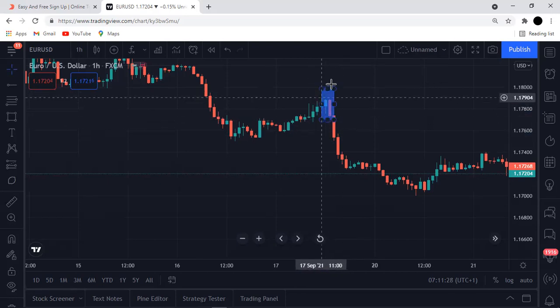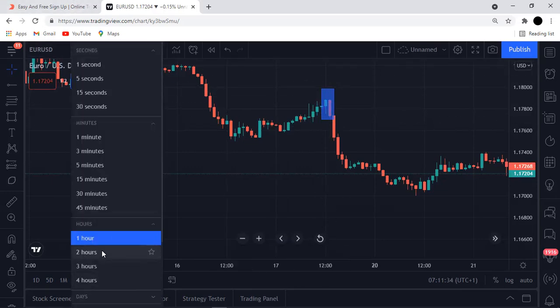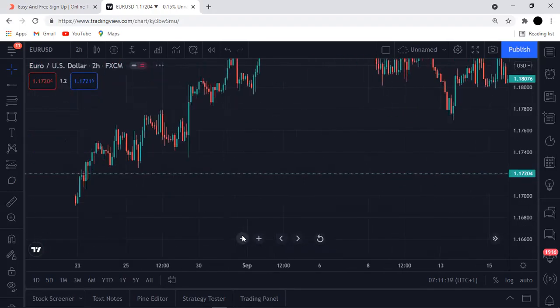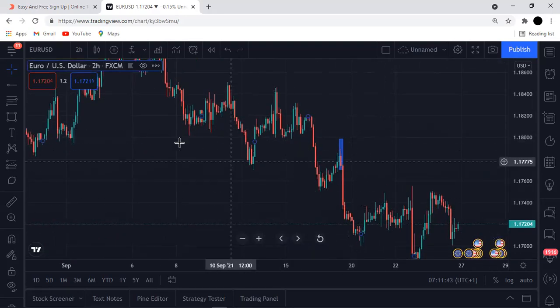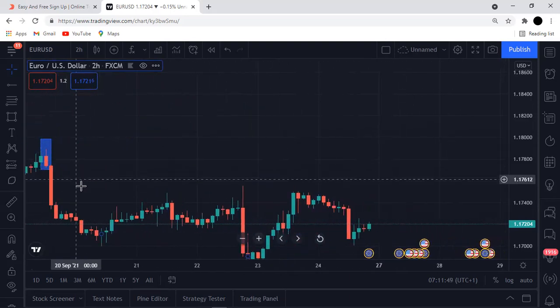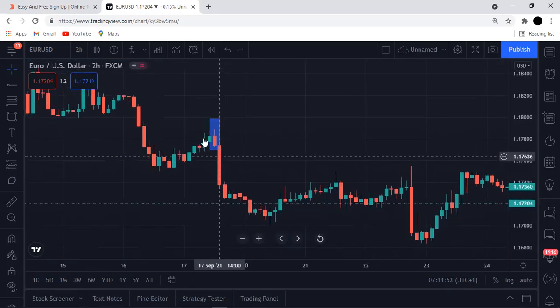So I'm interested in seeing just these two candles. Since our reference time frame here now is 1 hour, I want to check under the 2 hours to see. You can still see this.